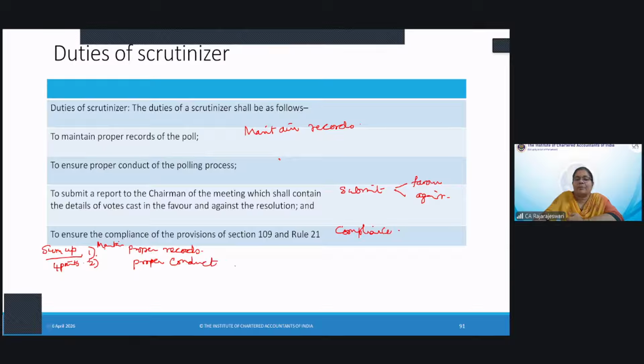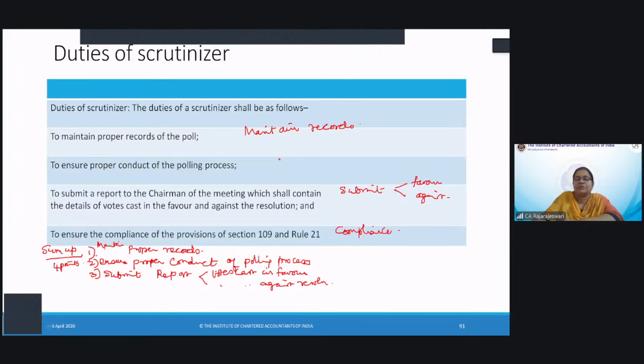So what is proper conduct of the polling process? He should ensure. What is the verb? He should ensure. Then third one, report. You have to submit the report. If it is simply a report, submit the report, you won't get marks. So you should specify that the statement should contain votes cast in favor of the resolution and votes cast against the resolution.